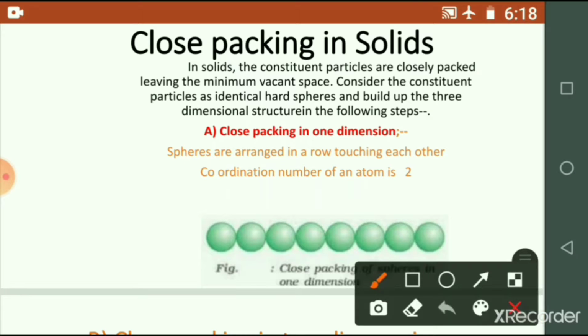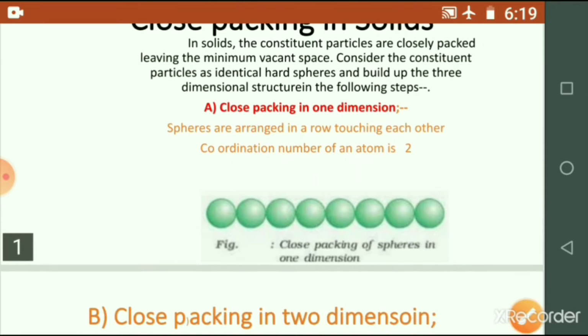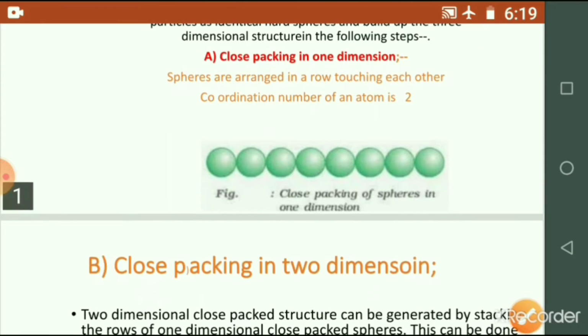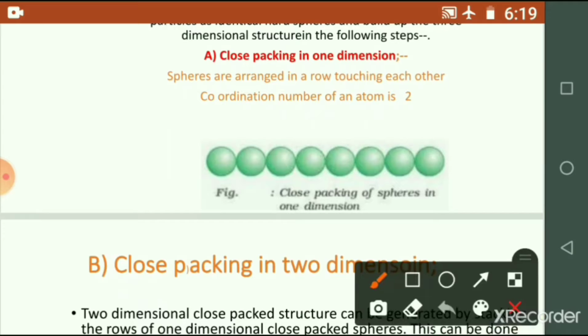The spheres are arranged in a row touching each other, you can see them touching here. Let me number them 1, 2, 3, 4, 5, 6, 7, 8. Here I have taken 8 spheres.